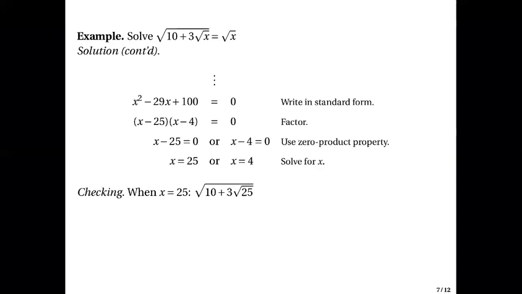We check. When x equals 25, we have here square root of 10 plus 3 square root of 25. Square root of 25 here, it's just 5. So you have 10 plus 3 times 5. 3 times 5 here, it's 15, plus 10, that's 25, square root of 25. And that's here, the right-hand side, square root of 25.